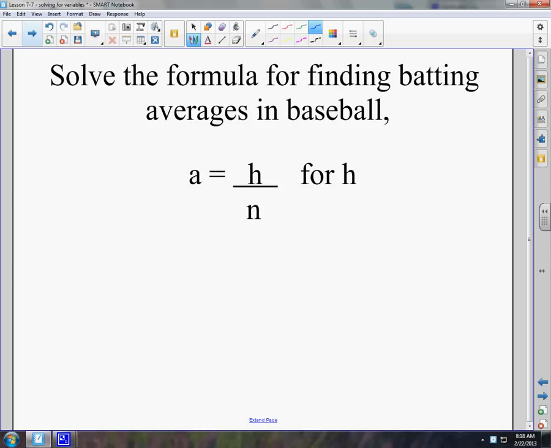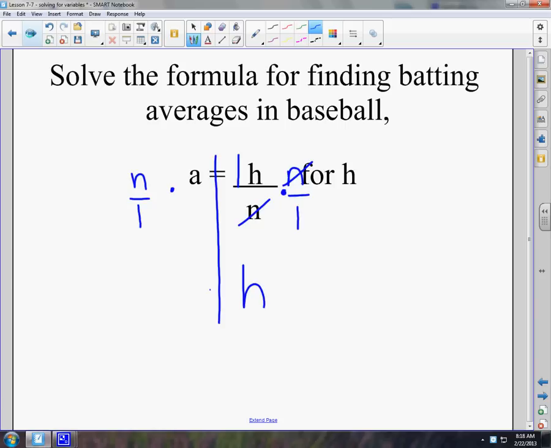All right, so draw a line. Now, if I want just H, I want to get rid of this denominator. I could think that there's a 1 there, and I can multiply both sides by the reciprocal, N over 1. If I do this, my N's cancel out.